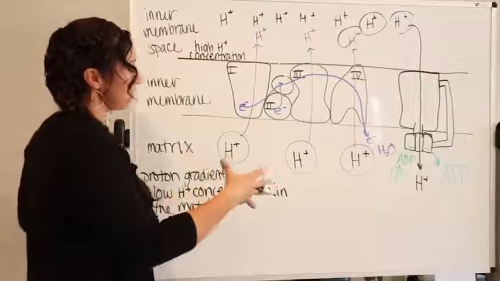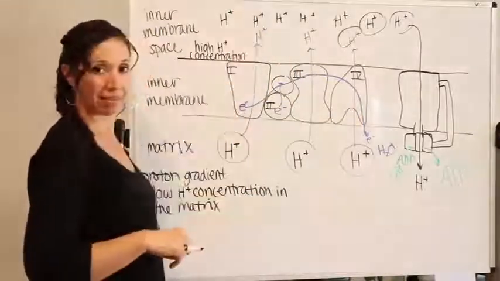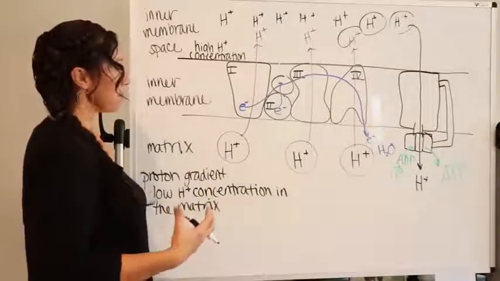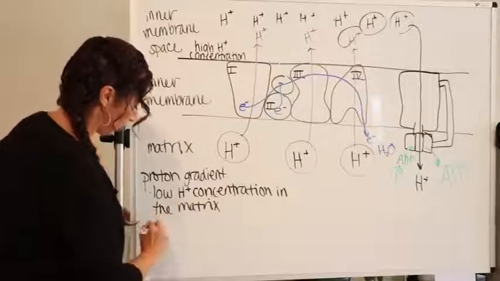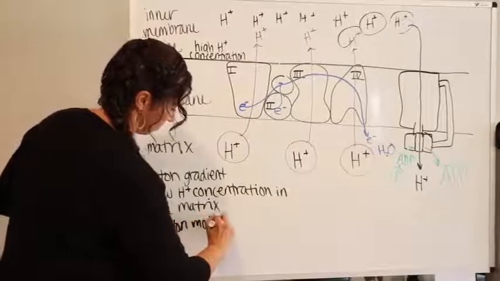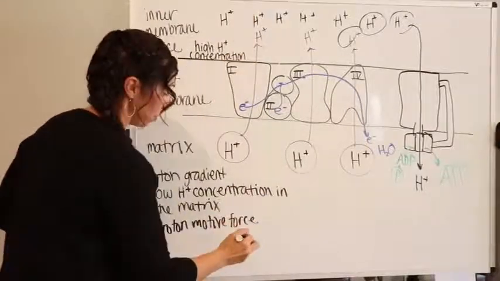This whole process of the electrons propelling the protons across the membrane, that's actually called the proton motive force. That's a very fancy word. So you've got your proton motive force, and it's established from the electron transport chain.